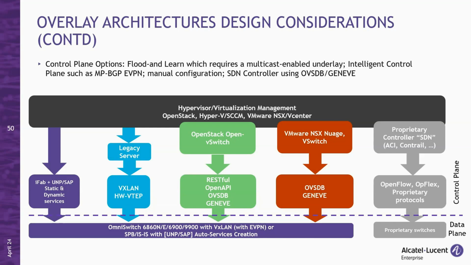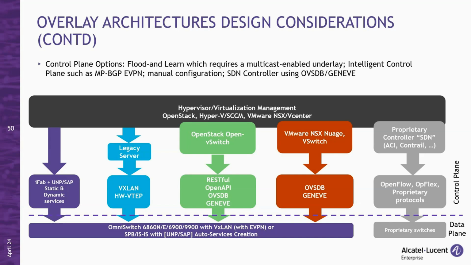An SPB fabric switch, such as the 6900, will be able to run VXLAN in order to be integrated with an SDN solution and offer the gateway functionalities to connect legacy servers to virtual domains, since our switches support OVSDB and Geneve as well. As you can see here, we support any hypervisor and virtualization solution, OpenStack, Microsoft, VMware, which will use an SDN controller with a standard interface protocol to the data plane switches.